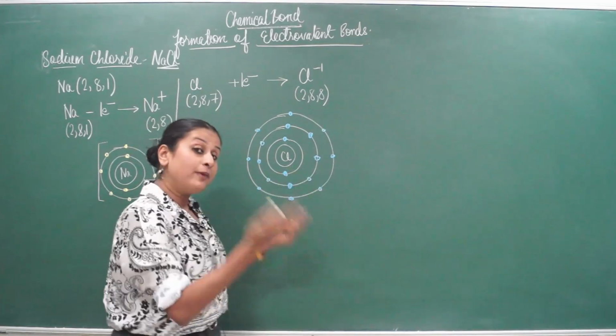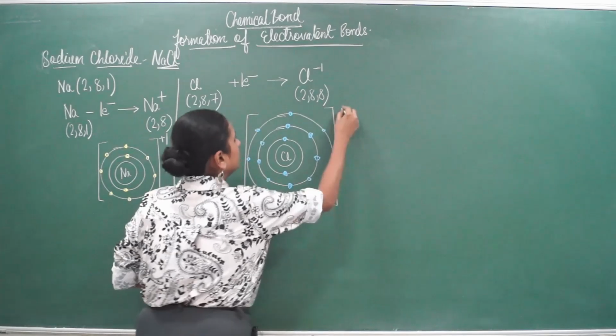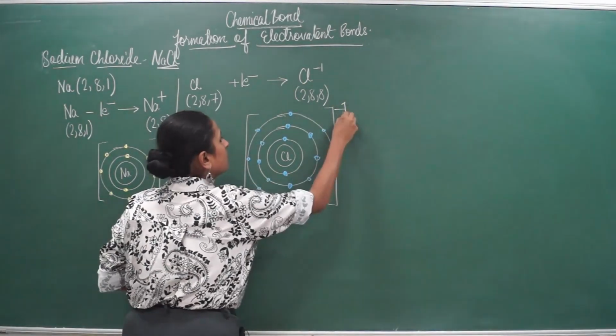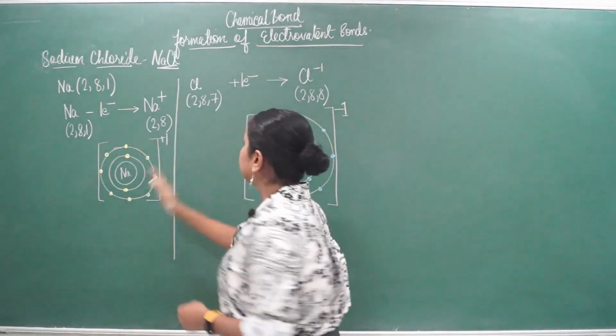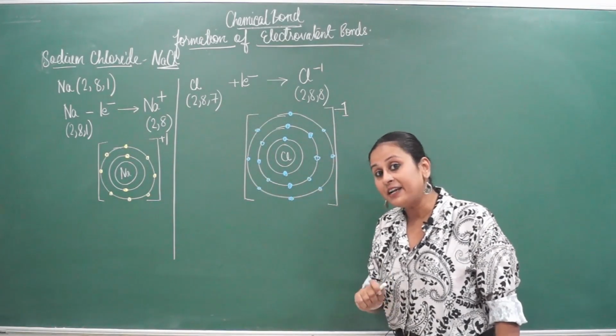And since it gained one extra electron, it also has a charge. The charge is minus 1. Alright, so this is your sodium ion and this is your chloride. Is that understandable to you?